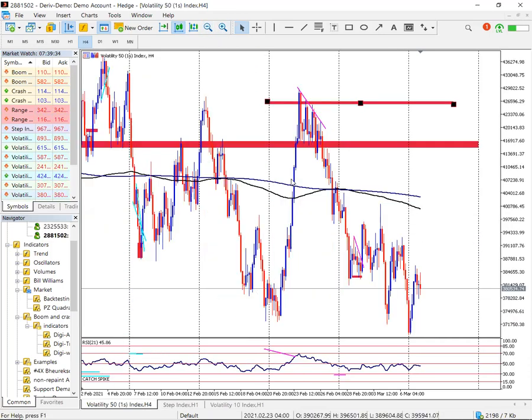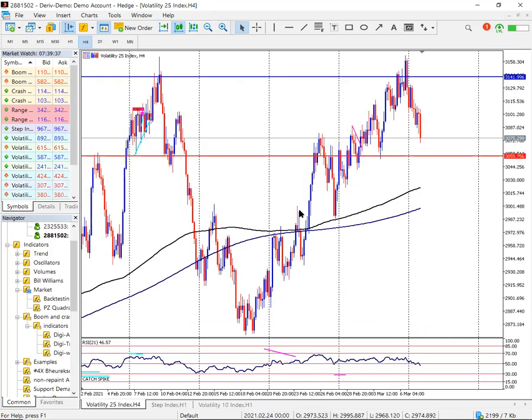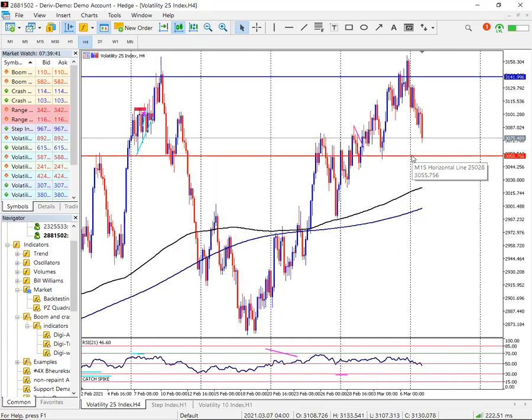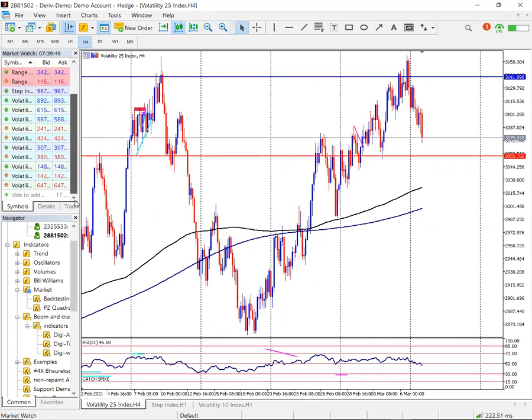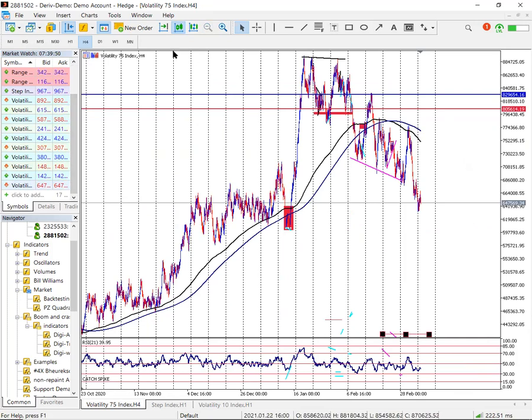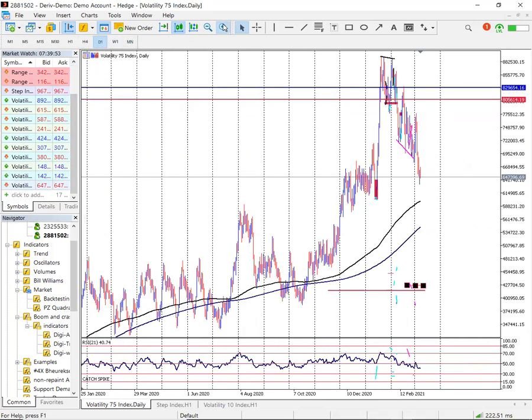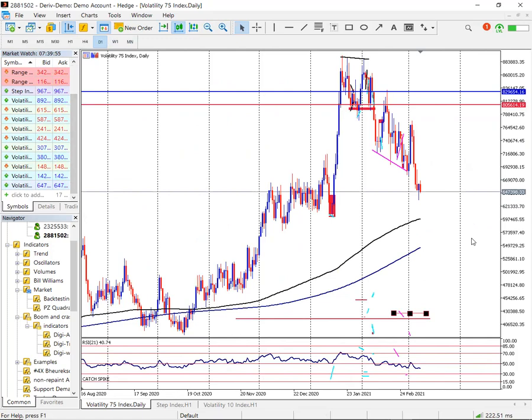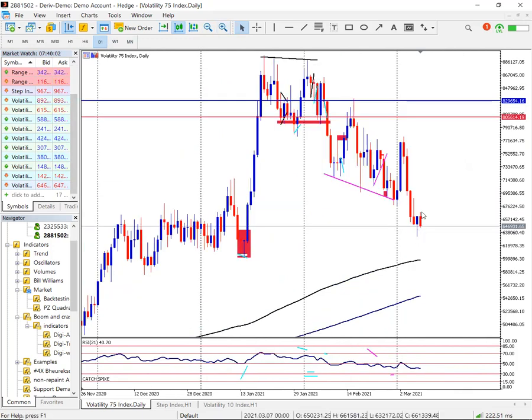If you want me to analyze Volatility 75, okay, this is 4 hours. This is not Volatility 75. Volatility 75 is this one. Go to daily. We still have a drop. To me, there's still a drop. We almost bought yesterday. We took some buys here, but this pin bar here is not valid anymore.